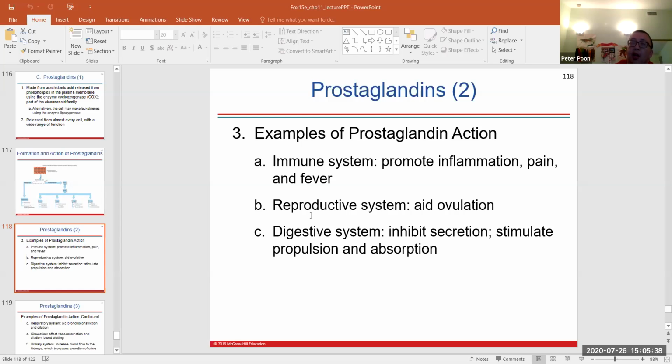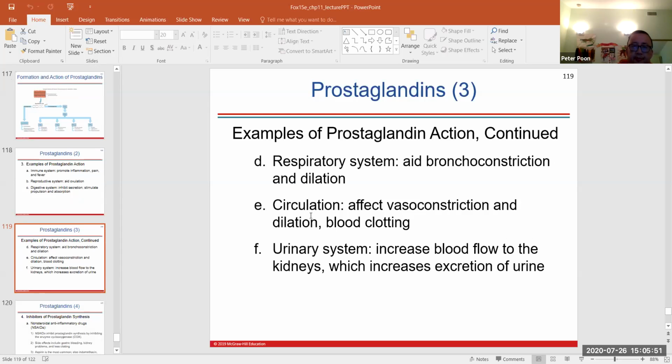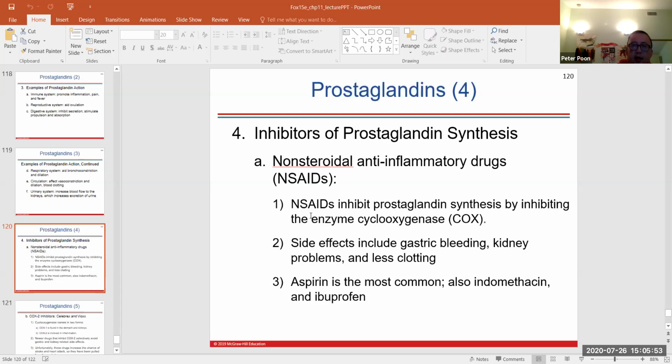That's what a lot of the anti-inflammatories that we take do, like Tylenol, aspirin, etc. NSAIDs inhibit prostaglandin synthesis by being COX inhibitors.